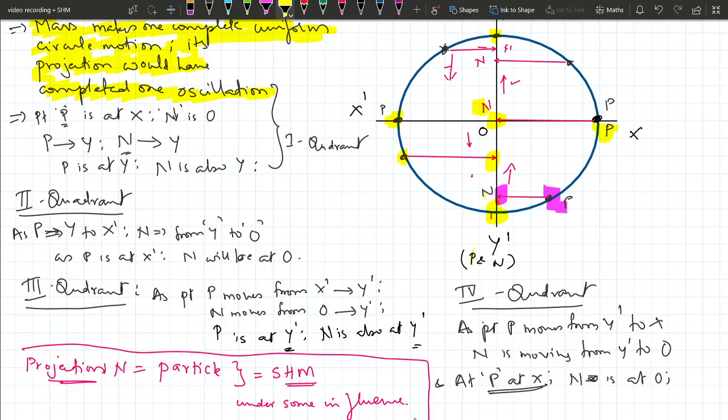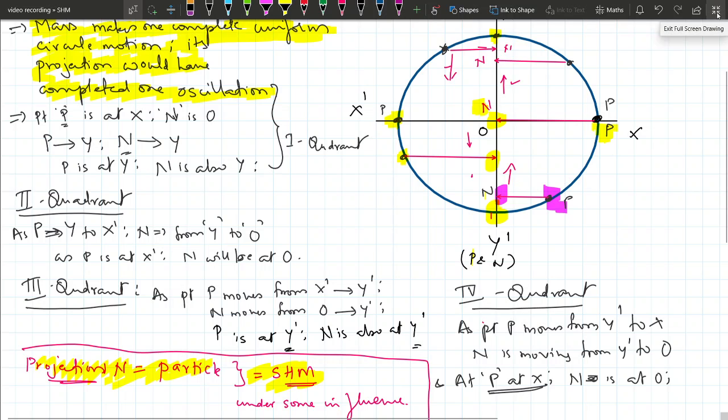Therefore, the projection is making to and fro motion, or oscillations. So when the projection is making oscillations, I can replace the projection with a particle. Once I replace it, that particle is set to execute simple harmonic motion under the influence of some force.